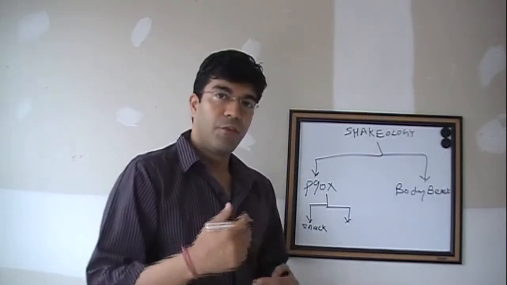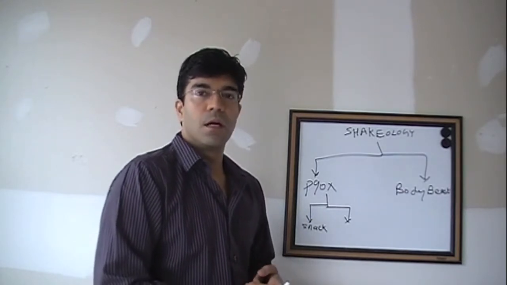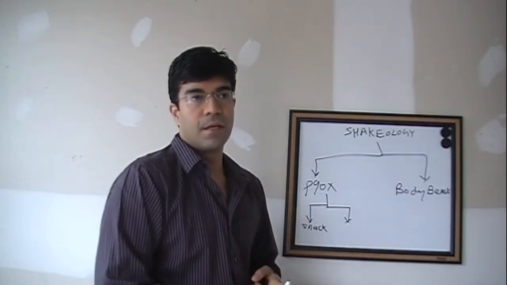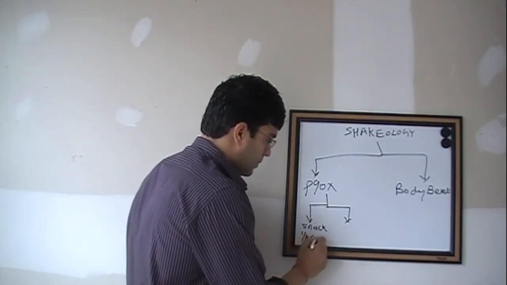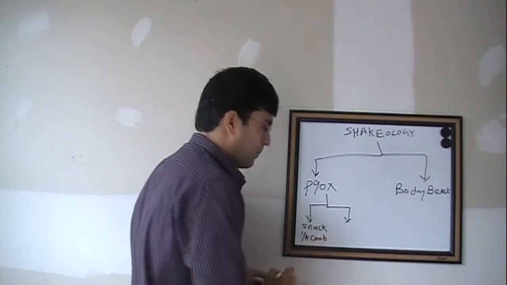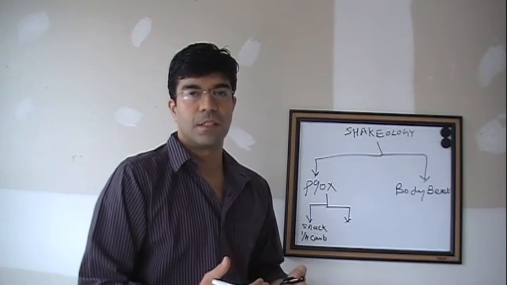So if you do the math, 40 grams of carbs in the P90X guide is one serving of carbohydrate. So 10 grams comes to 1/4 carb. And the other 9 or 10 grams is sugar.